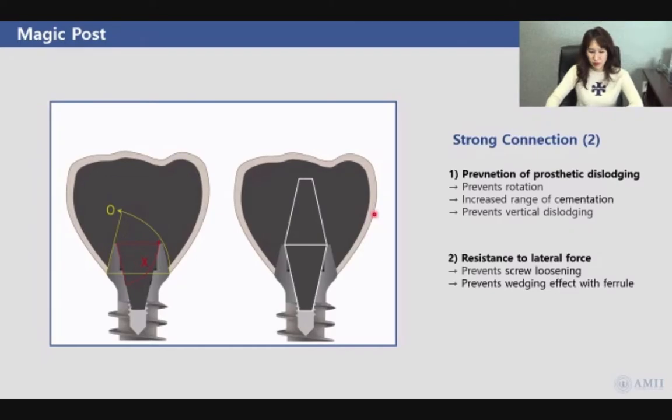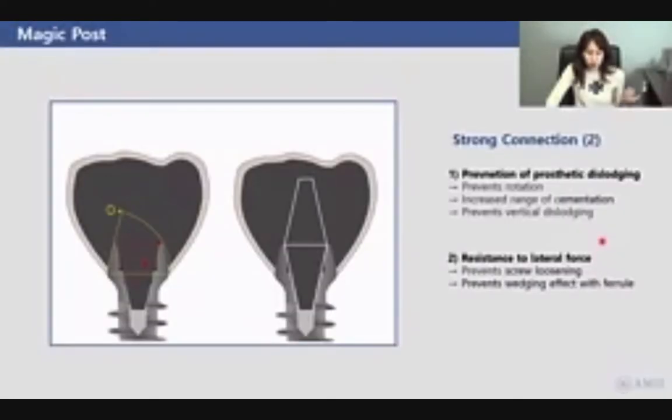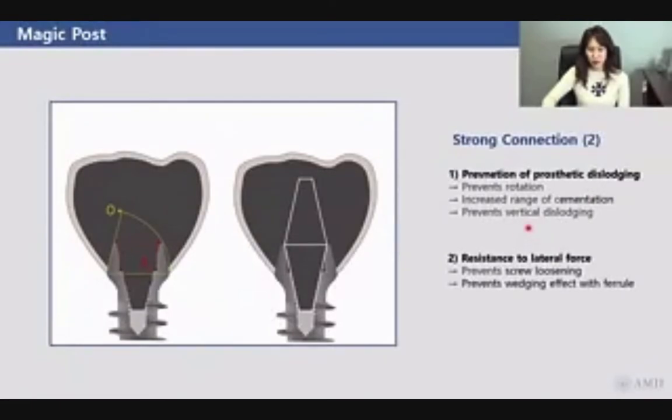And also, it's going to have more resistance to the lateral force. Đồng thời thì cái thiết kế kết nối của chúng tôi thì giúp ngăn cả các cái lực sang bên nữa. Because of this unique shape, do cái hình dạng đặc biệt, then it becomes the prevention of screw loosening.